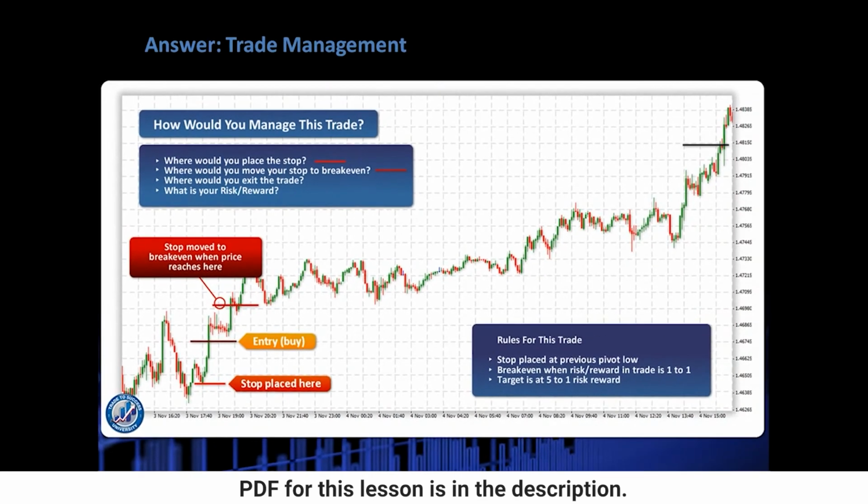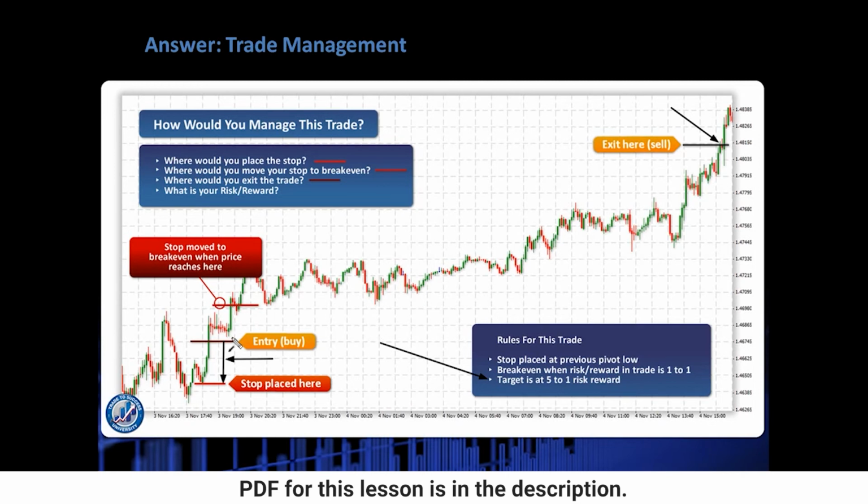Now where would you exit your trade? We will exit at this price here, because what we are looking for is a target of 5-to-1 in risk reward. Therefore what we're saying is the risk is this distance here. We are looking for a profit of 5 times this distance here in order for us to exit.